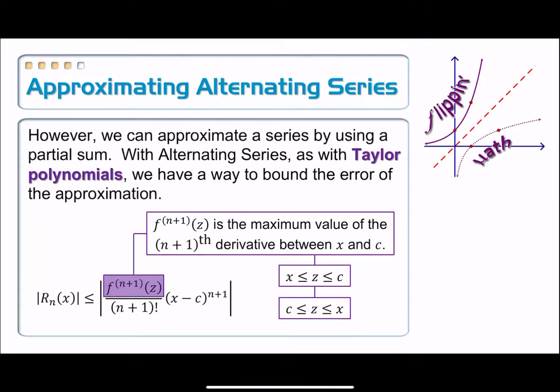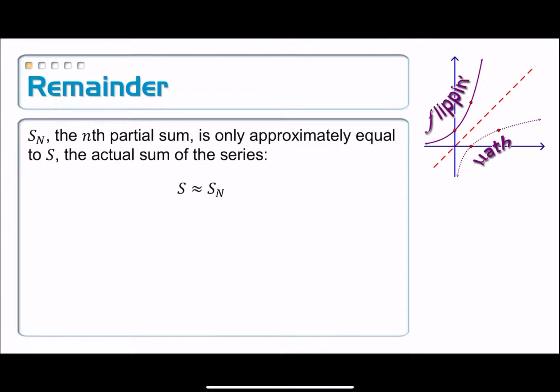It's a little scary. However, that's not what this particular lesson is about. It's just showing you that in some other cases, we do have a way to bound the error. So if this formula on the screen confuses or scares you, don't worry. The one for alternating series is far, far simpler.